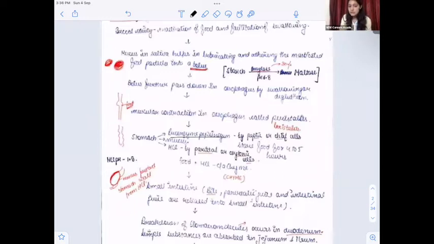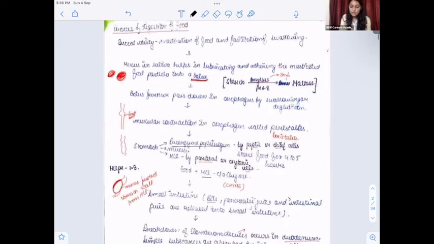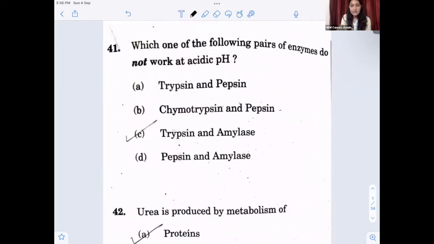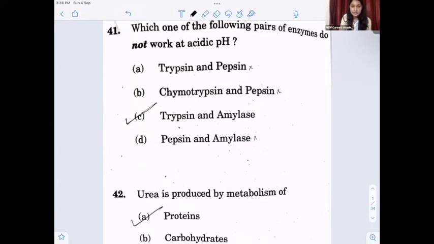This proenzyme pepsinogen gets active only when it enters acidic pH. So pepsin works in acidic pH, so we can eliminate those options which contain pepsin. So we are left with only option C, trypsin and amylase. Okay, so answer is option C.